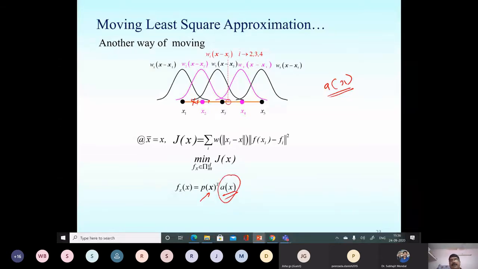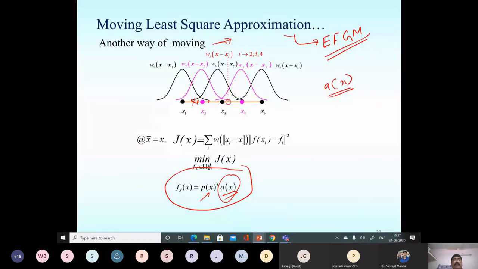So this is moving least square approximation, and this is the basis of EFGM. We use this for the meshless method. In EFGM our approximations will be something like this. So this is the characteristic of moving least square.